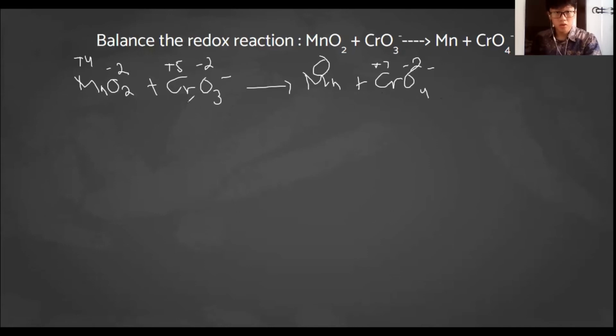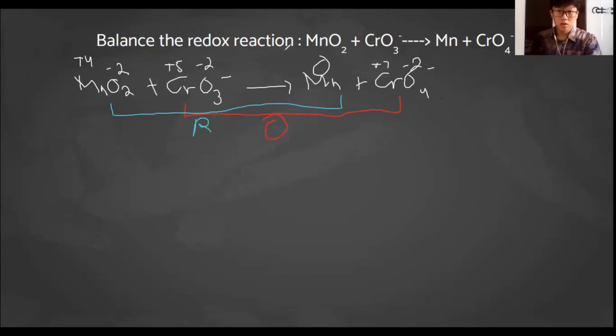So here we can see that chromium has gone from +5 charge to a +7. So this will be oxidation, while manganese oxide here will undergo a reduction reaction since it went from +4 charge to a 0.